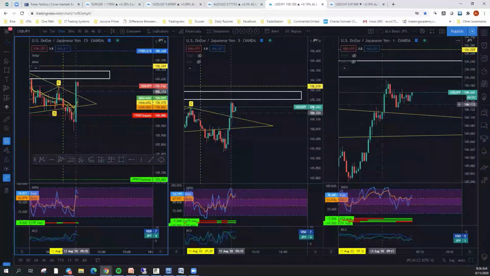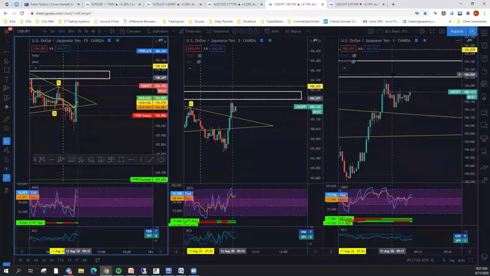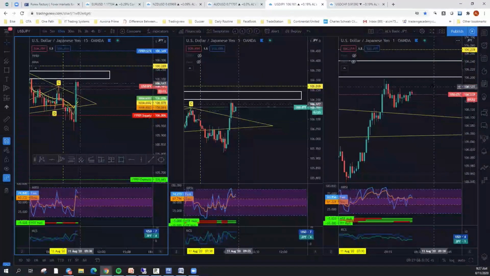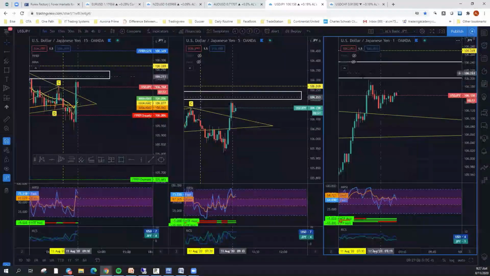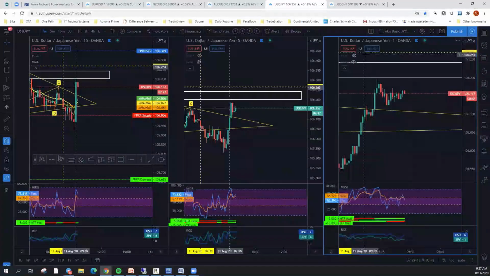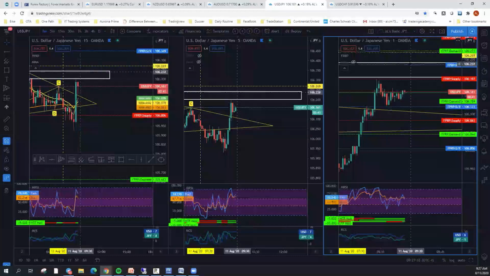So right now we're really not sure what to do with this yen. Right now it broke the wedge, came up to an area that it bounced off of, and now it's just pretty much going sideways inside this zone, this range right here. So we'll just have to be patient and wait. See if we have some fib lines that need to be addressed. Could see it come up here to the blue one.